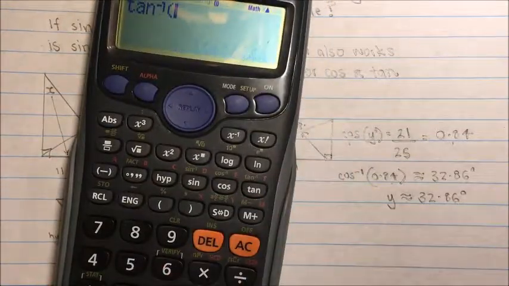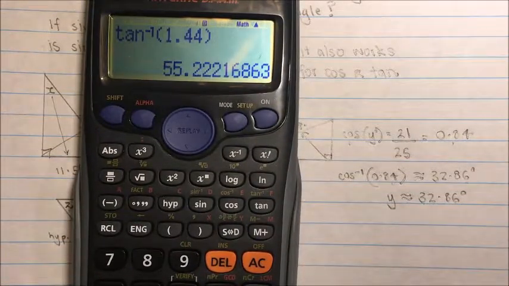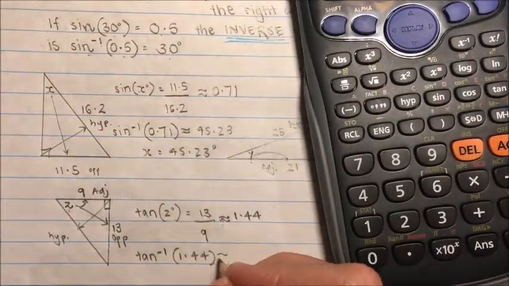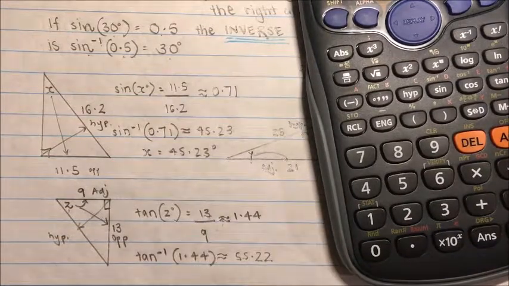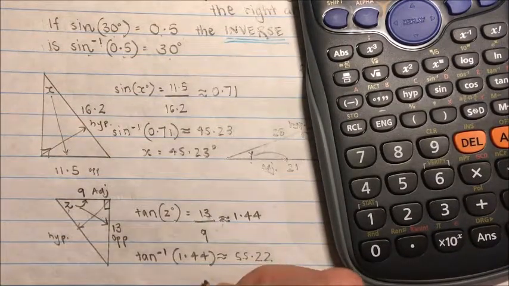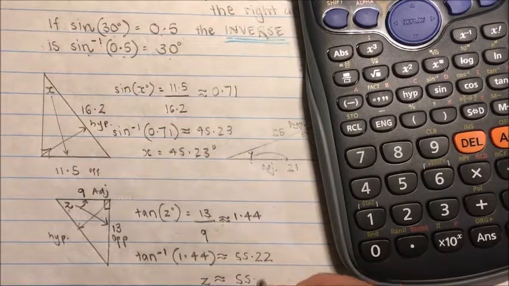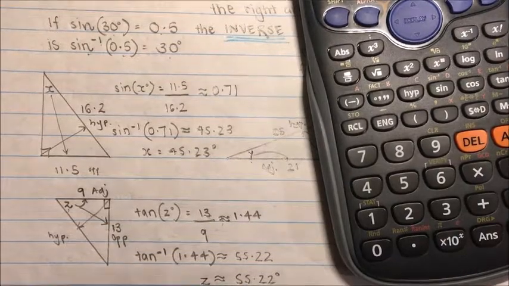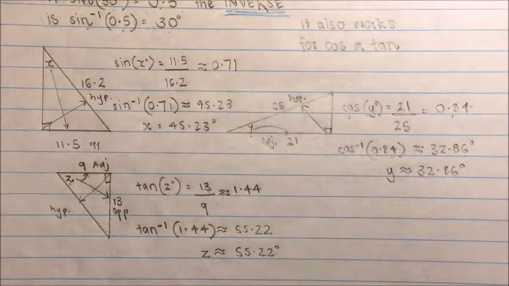Shift tan 1.44 equals 55.22. It is super close to 55.22. So therefore, z is super close to 55.22 degrees.